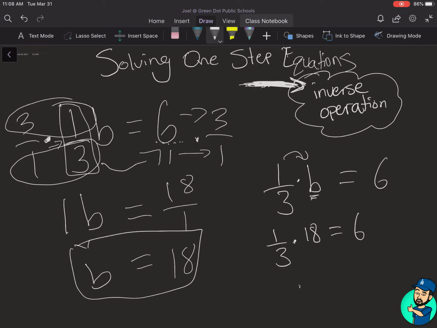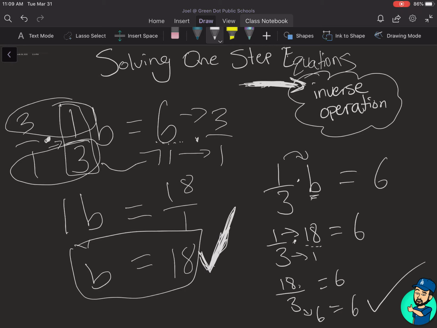Now, if you want to just solve it, watch this. 1 times 18 is 18. 3 times 1 is 3. Now, how many times does 3 go into 18? 6 times. Does 6 equal 6? Yes. So that way we know that B does equal 18.